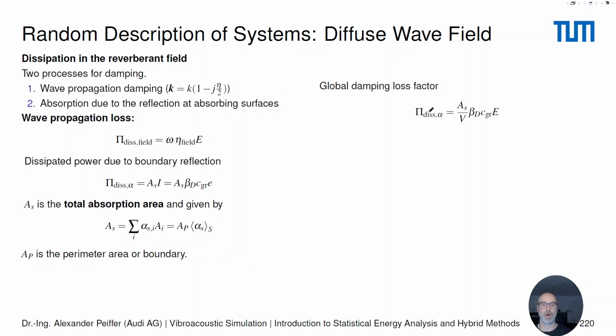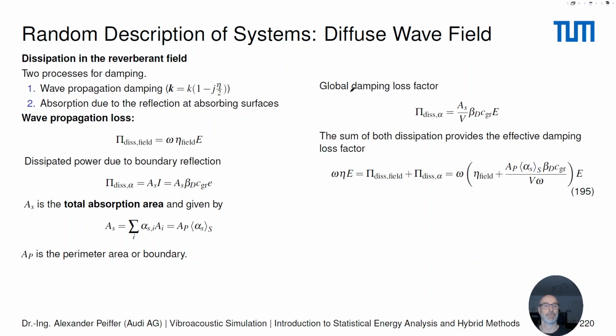And we sum all this up. We have a kind of global damping loss factor. So this is the dissipation, and if we formulate this in a version that might be related to a total damping loss factor, we just have to sum up this.